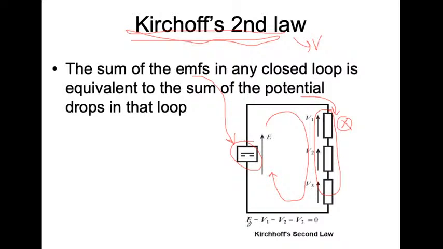Okay, so Kirchhoff's second law is this idea of an electron traveling on this loop. It starts with a set amount of energy from the cell, which is its electromotive force, and it's being dropped as it runs through each of these components, these lamps, these resistors, whatever they might be, right? We're having a loss in energy at each of them, and that loss in energy needs to be equal to the energy provided by the cell.